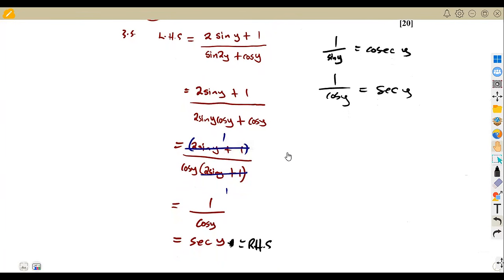So these are the steps that we just needed, which is something that you need to revise also. Like I said, work with your identities, work with your ratios, and also how to solve your equations. That is the whole part of your trigonometry. If you can understand that, it will be fine.